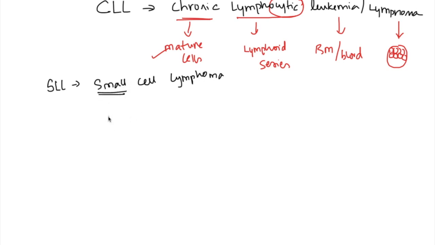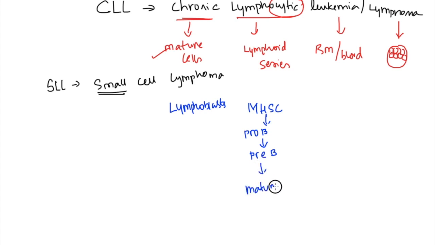So we have studied in the lymphoid series, we go from the blasts, lymphoblasts. There was a group of 3 cells which we merged and called lymphoblasts. We have the multipotent hematopoietic stem cells which transform into the pro-B cell. Then we have the pre-B cell, and then we go into the blood and there will be the mature B cells.